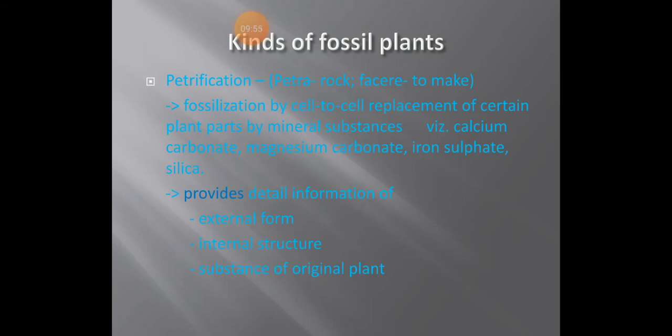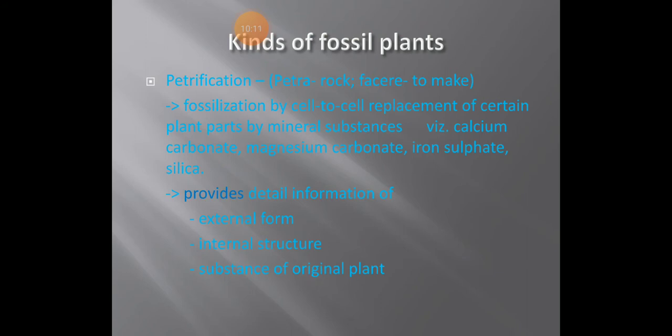Next, going to the types or kinds of fossilization. The first one is petrification. Petra is nothing but rock, and fication means to make. So in this fossilization, there is cell to cell replacement of the plant body by mineral substance.